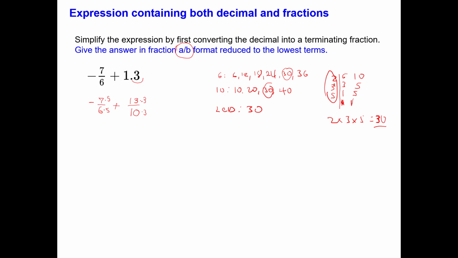Then 7 times 5 is 35, and it's negative. 6 times 5 is 30, plus 13 times 3 is 39. 10 times 3 is 30.